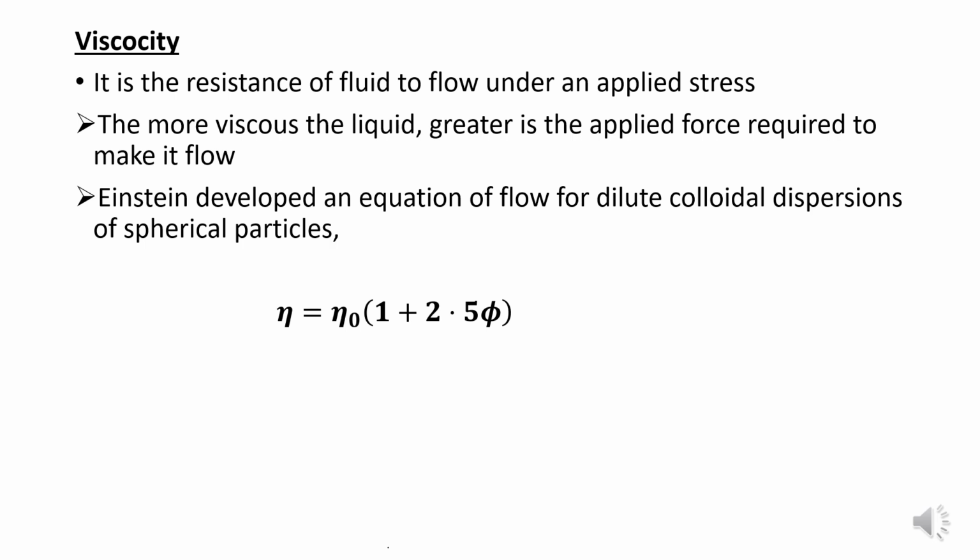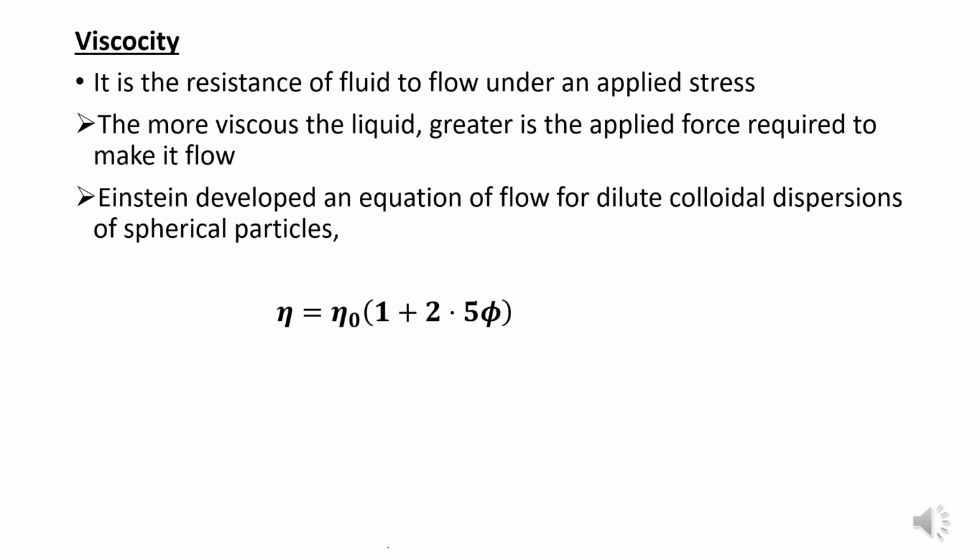Einstein developed an equation for the flow of dilute colloidal dispersions of spherical particles. Eta is equal to eta 0 into (1 plus 2.5 phi), where eta is the viscosity of the dispersion, eta 0 is the viscosity of the dispersion medium, and phi is the volume fraction of the particles.